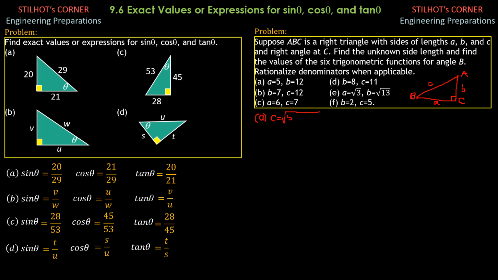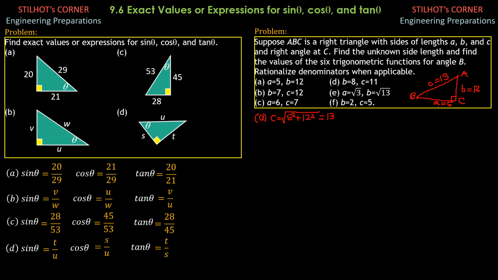So 5 squared plus 12 squared, b is 12. Therefore, this is equal to 13. So I put the values in our guide here. This is 13. b is given 12. And a is also given 5.